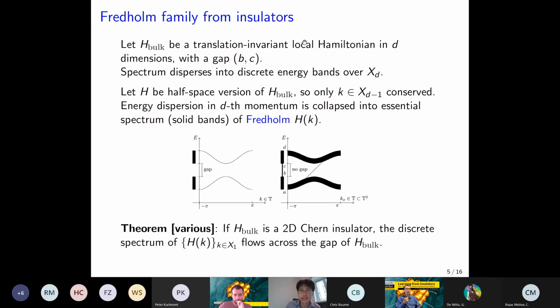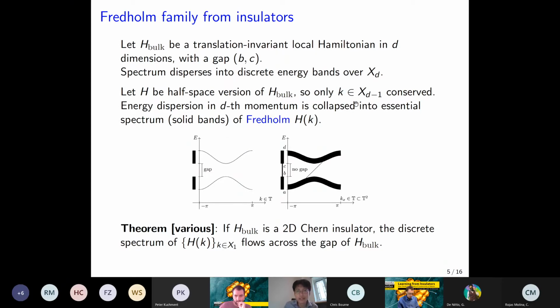It's local, so it has finite range hopping terms. Let's say it's in d-dimensional space, and it has a spectral gap between energy levels B and C. Then in band theory, you usually have a spectrum which disperses into discrete energy bands parametrized by the Brillouin torus of d dimensions. So here's an example of the dispersion relation.